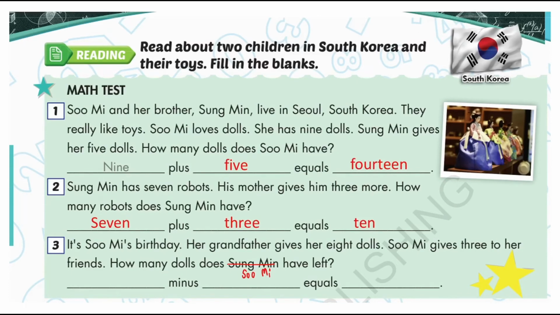Okay, so at first she has 8 dolls. Minus, because she gives 3 to her friends, so minus 3. So 8 minus 3 equals 5.